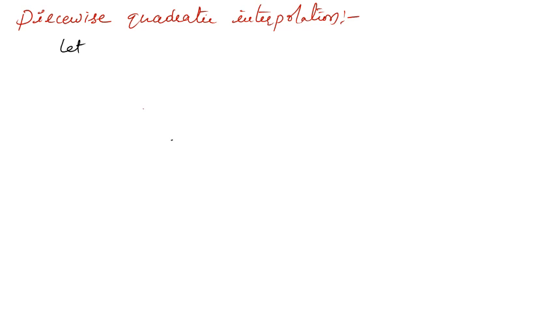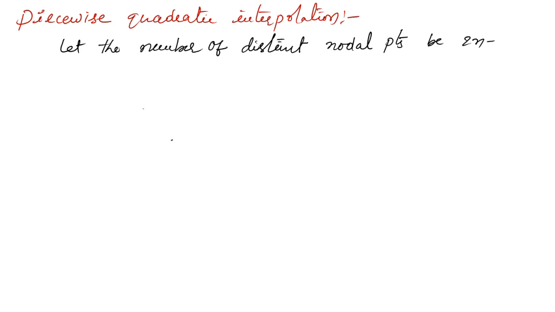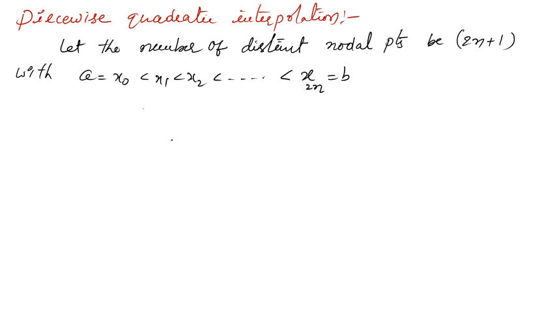Let the number of distinct nodal points, nodal points means mesh points, be 2n plus 1. Why are we considering 2n plus 1? By this assumption, a equals x0 less than x1 less than x2 and so on, less than x2n, which will be the end point, equal to b. We are considering x2n as the end point instead of xn.